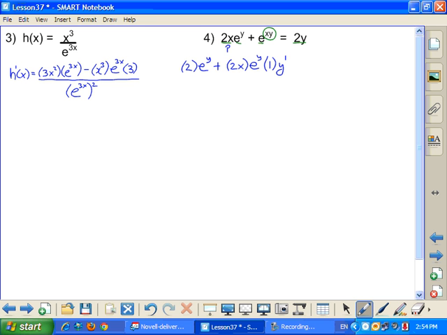All right, so there is the derivative of just the first term, plus the derivative of e to the exponent xy. So the derivative would be itself multiplied by the derivative of the exponent. That exponent is a product rule.